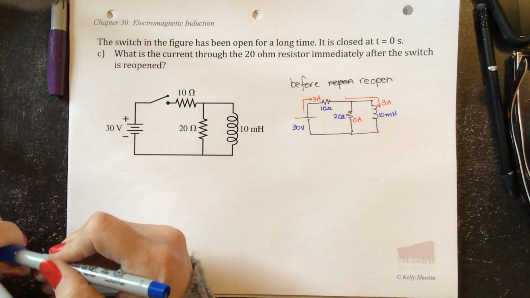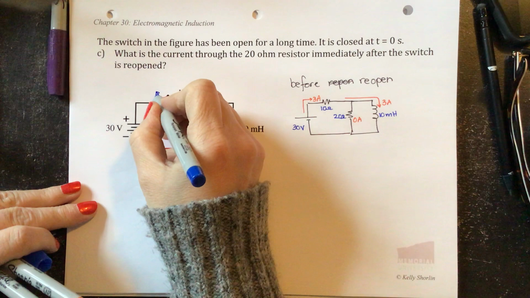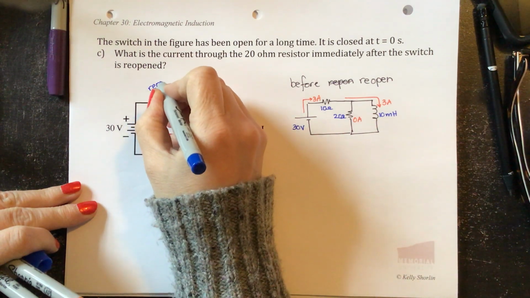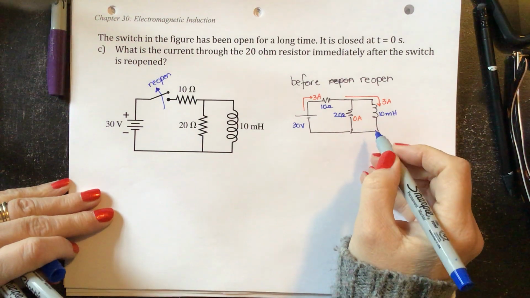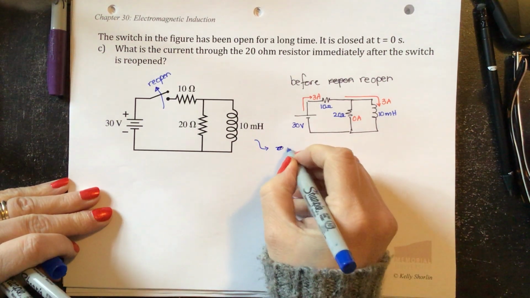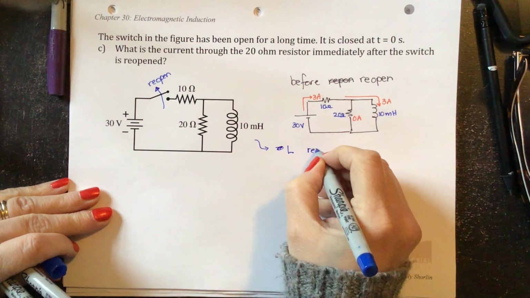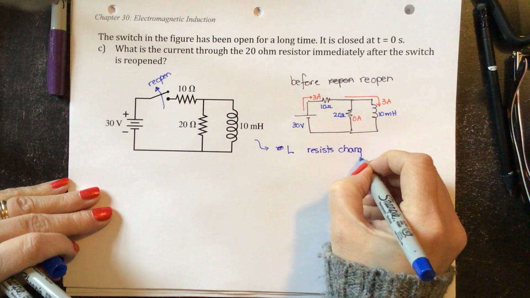Well, then what happens when we do reopen? So then we reopen the switch. The inductor still resists the change in current. So once we reopen, L resists the change in current because that's what the inductor does.